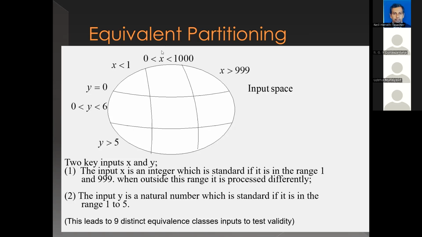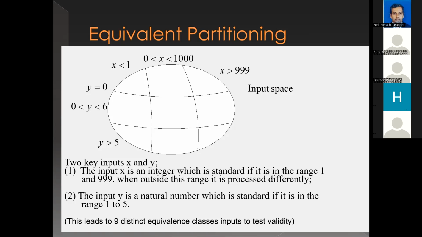For x, only the middle column is valid. And for the y variable, the topmost and the bottommost rows are not valid. Only the middle row is valid for y. So only the middle value will be valid or acceptable for both of these variables.